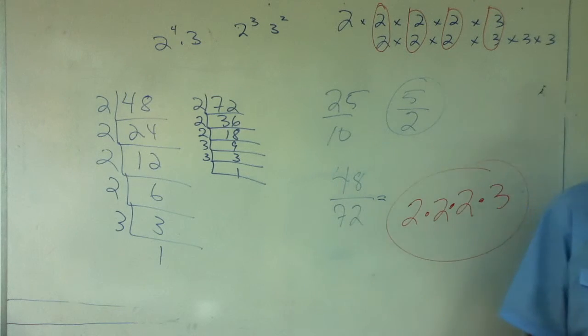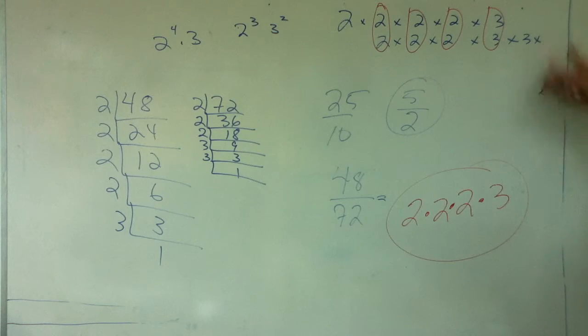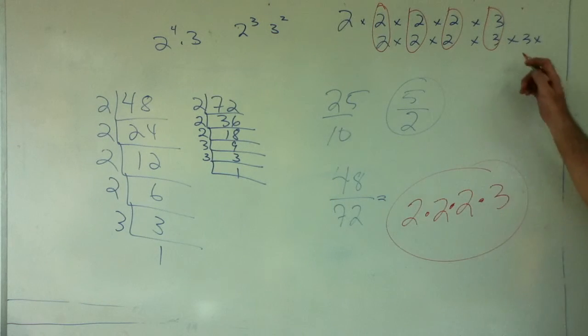Where's the power? 3 is more than 2. It's only 2, right? Powers of 2 is only 3. Thanks. Well done. Nice assist. I like that. Excellent. So what do we get?